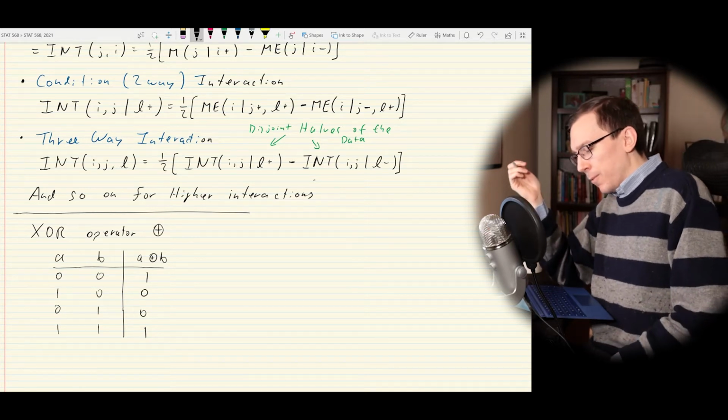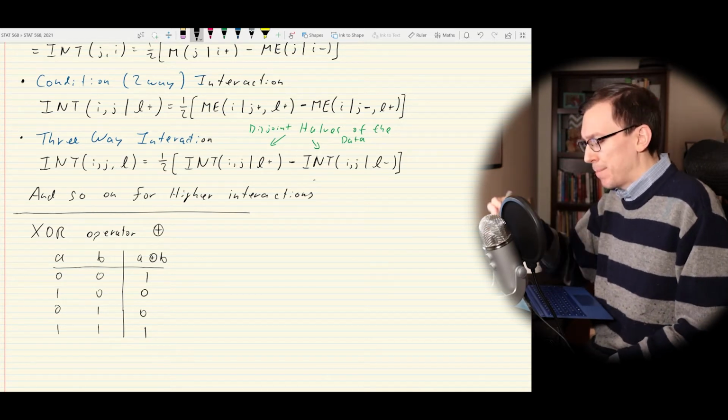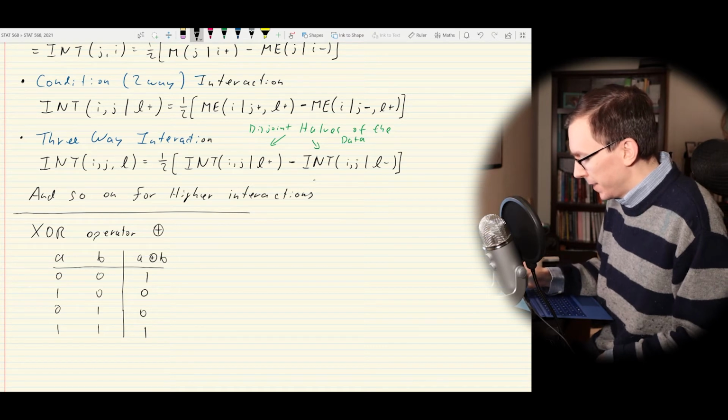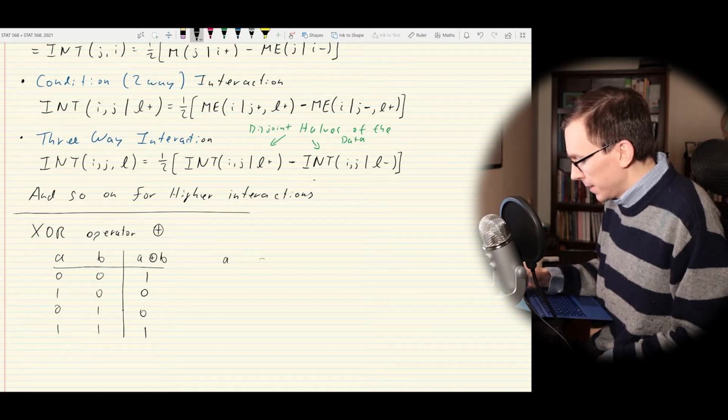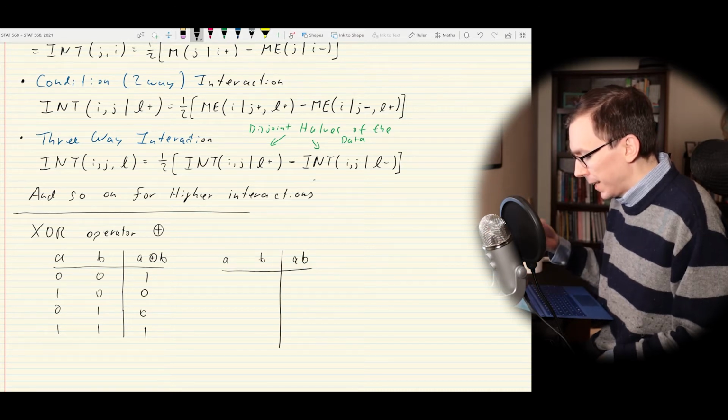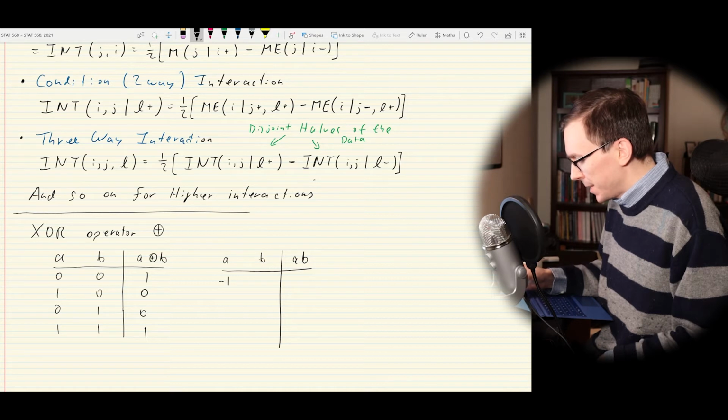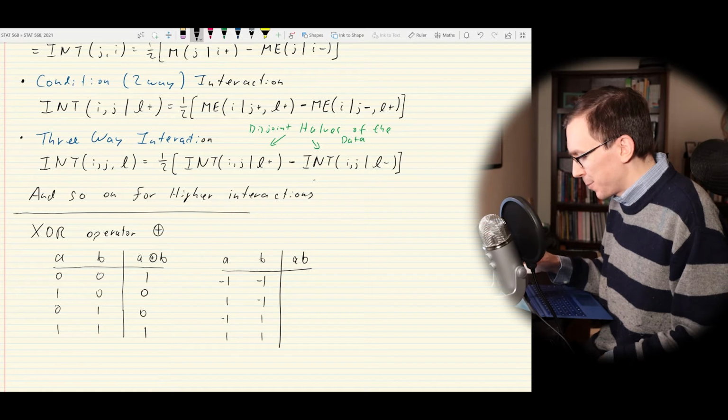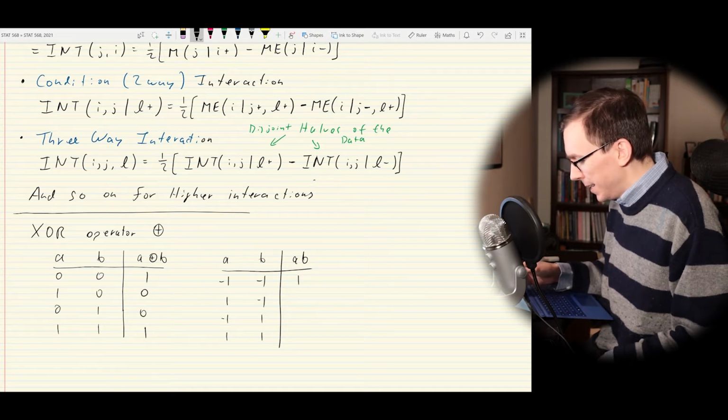Now, what we can do is map this multiplicatively to minus ones and plus ones and use multiplication. So if I map 0 to minus 1 and 1 is just plus 1, then we get the same type of result, which is a minus 1 times a minus 1 is a plus 1, and a plus 1 times a plus 1 is a plus 1.